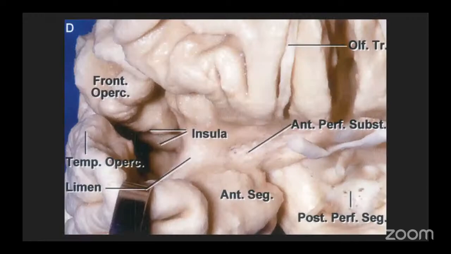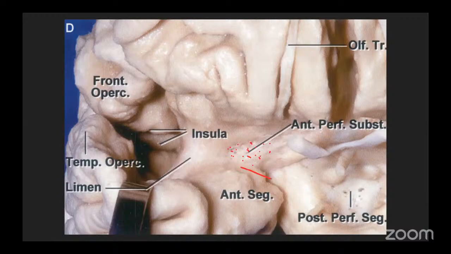Let's go back to this image to make more sense of what this said. Imagine that there is the MCA running here. We all know that this is part of the Sylvian cistern, right? And the MCA is running here. This is the limen insula. And you can also see that this here is the anterior perforated substance.